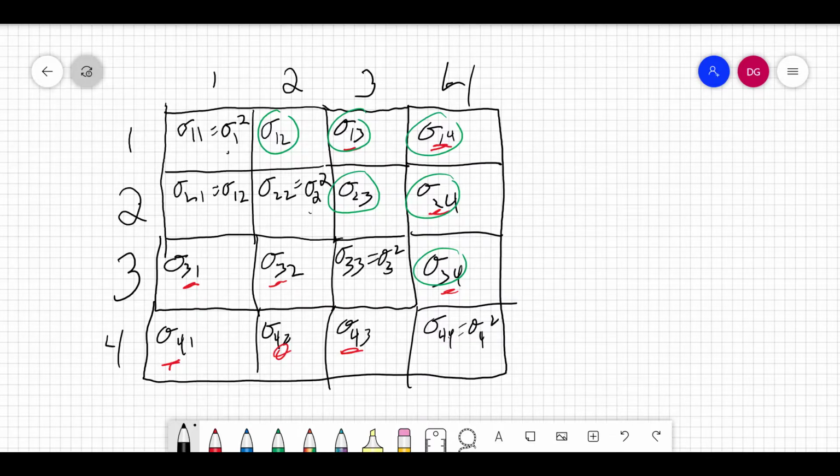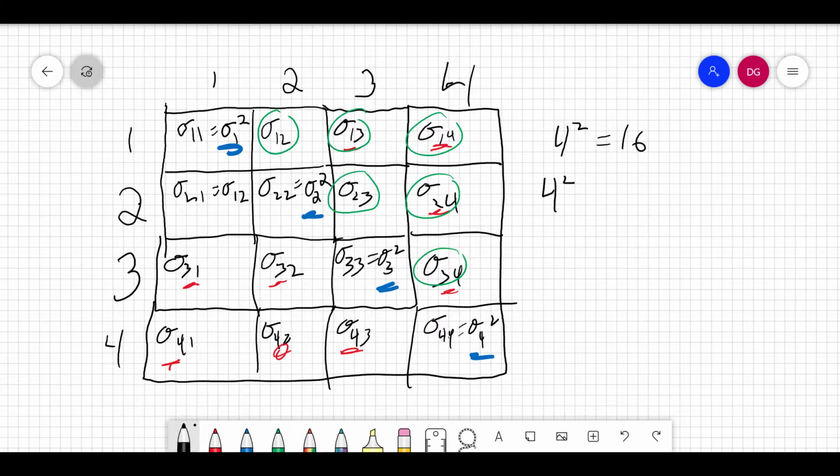So let's see if we can come up with a general formula for the number of cross terms. I know that the total size of my box is going to be 4 squared, which is equal to 16. But I'm also going to be eliminating the diagonal terms, because the diagonal terms are going to be variances.